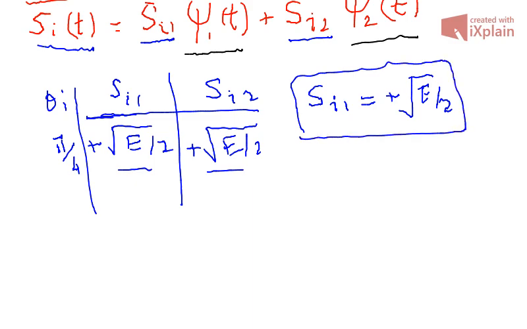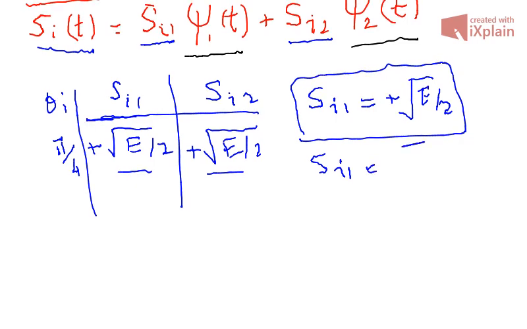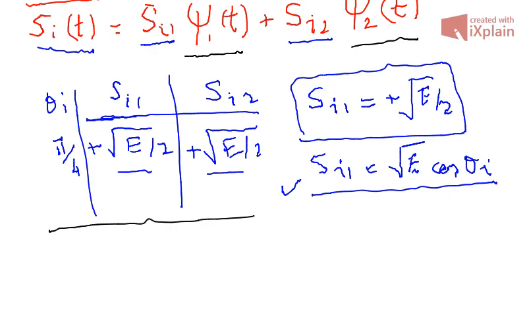We just said that s_i1 is root E times cos of theta_i, and we did not prove that. So let me provide this proof first, and then we will move to the signal constellation.